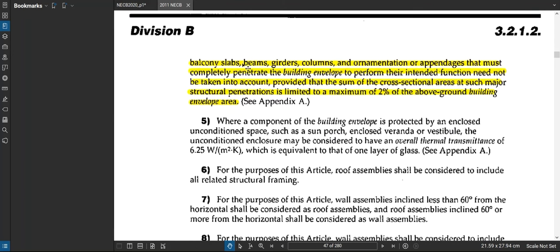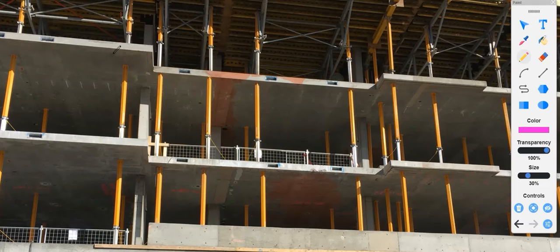So as an example, I think a good one is maybe the balcony slabs. Let's take a look at that situation. So for example, a balcony situation, say in a concrete building, so the exterior wall is going to be here, or the window wall will be between these slabs here on this one. And this is going to be a balcony over here. So you'll see that there's no thermal break between the building envelope portion and then where the balcony slab comes out.